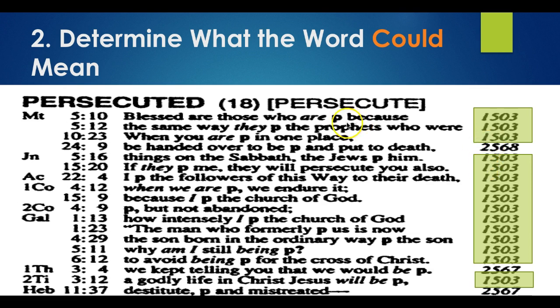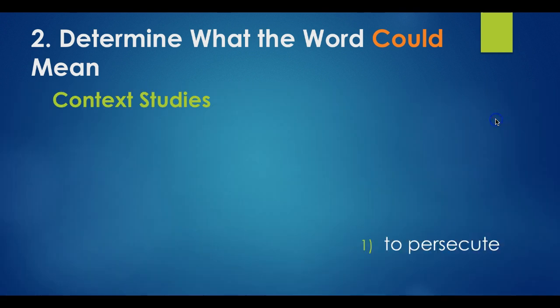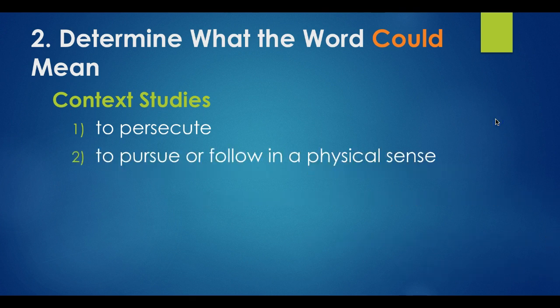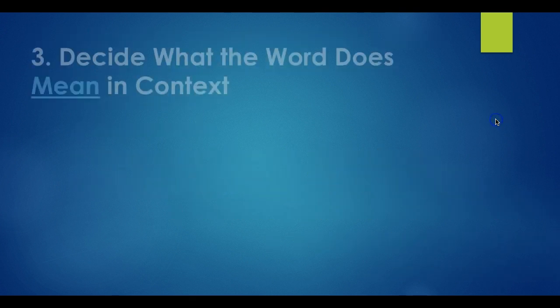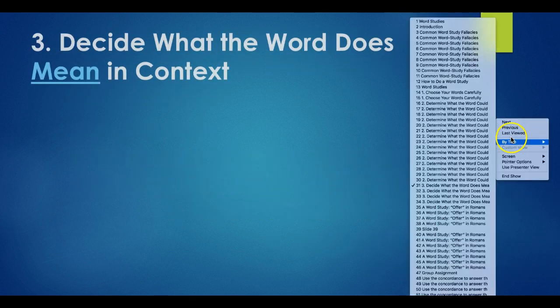So what was going on here in Matthew 5 that Jesus would say, blessed are those who are dioko, who are persecuted because of me? Well, the context may help us to determine that meaning. So we have to look up every time this number is used.